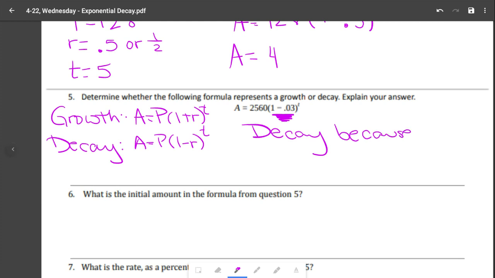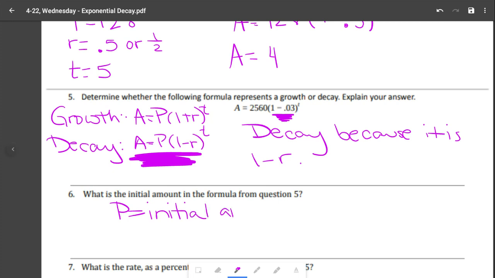Explain your answer, because it is 1 minus R, not 1 plus R. What is the initial amount? Well, looking at our decay formula, remember P is the initial amount. The P is what is in front of the parenthesis. So P is 2,560.